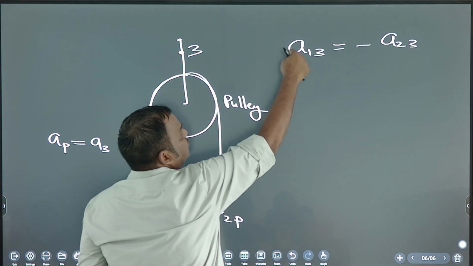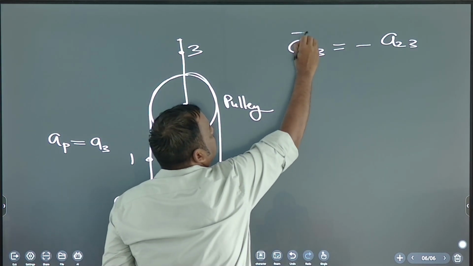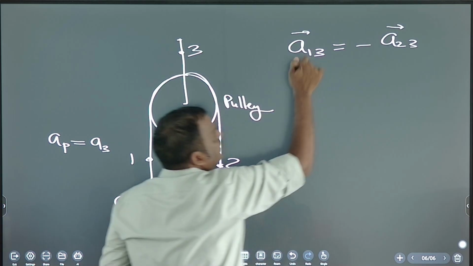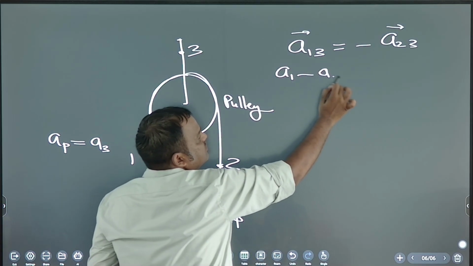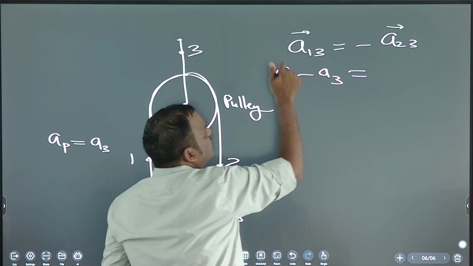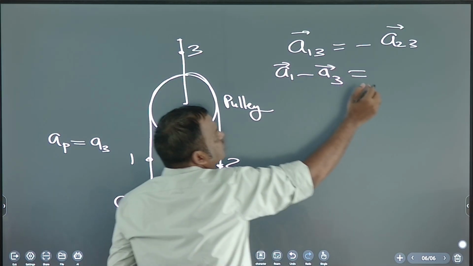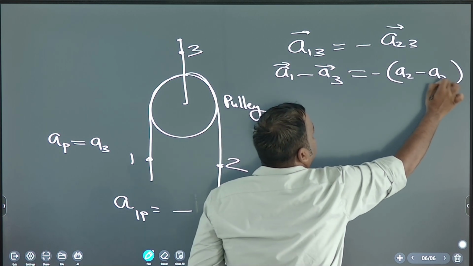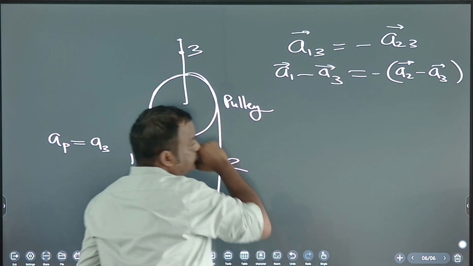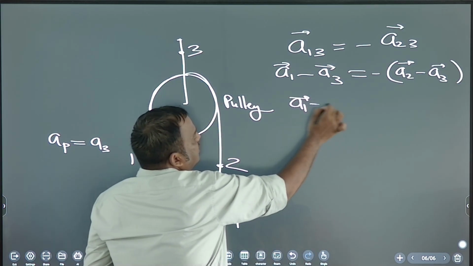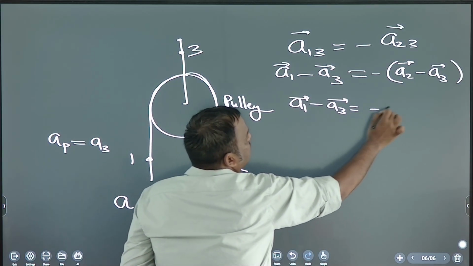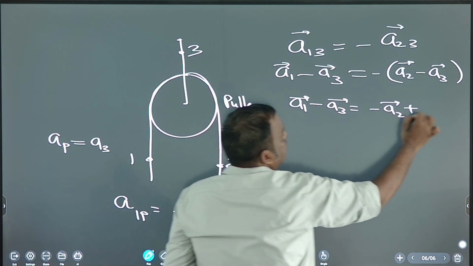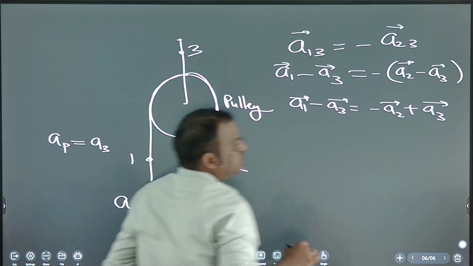Now what is the formula for A13 in vector form? A1 minus A3, remember in vector form. And minus of A2 minus A3. So A1 minus A3 vector is equal to minus of A2 minus A3.